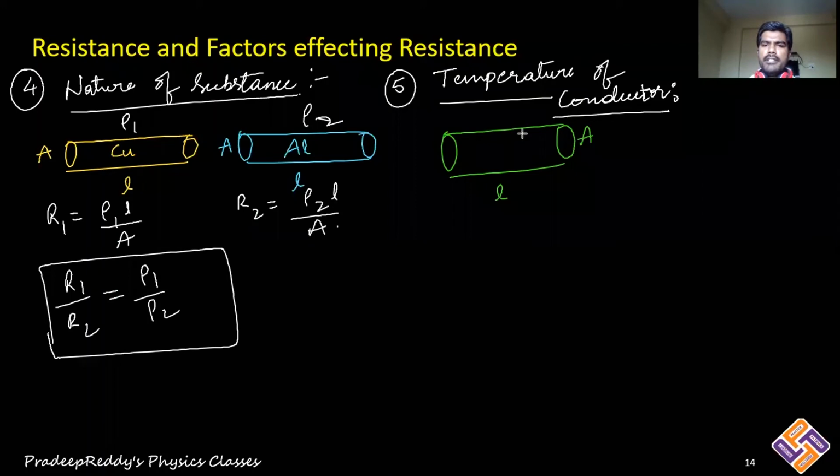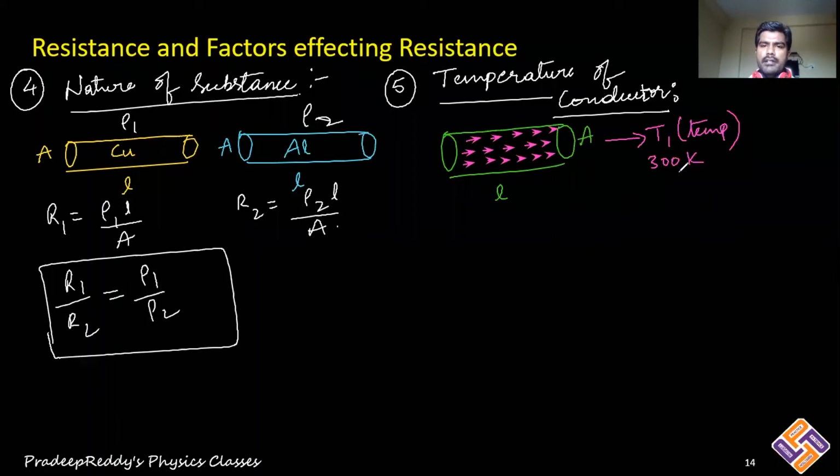Electrons will be drifted in a specific direction in case of the conducting material. Okay. Now I am considering that this is at temperature T1. Let me consider this as 300 Kelvin. 300 Kelvin is room temperature.